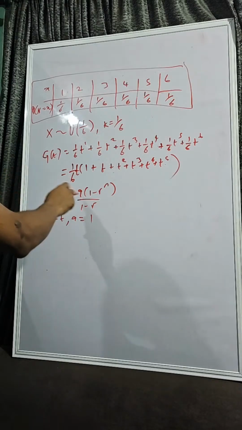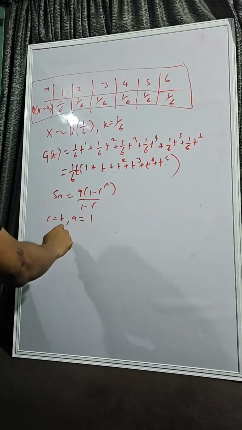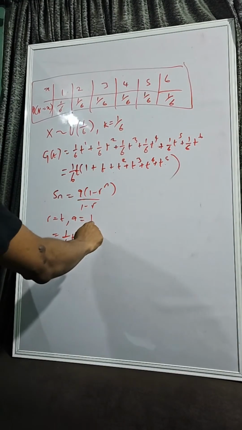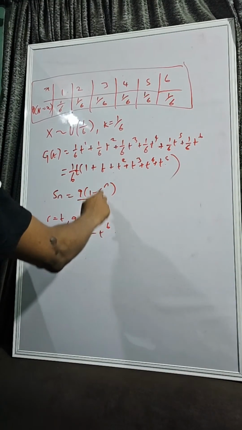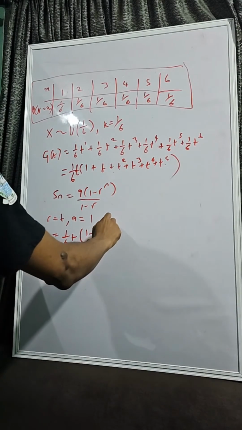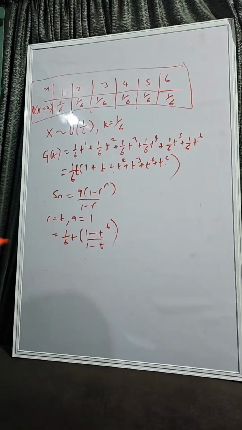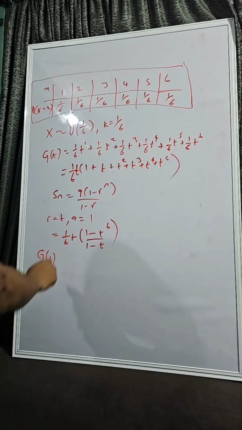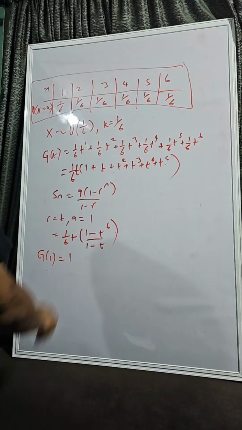So if we are to rewrite this equation, since our first term is 1/6 T and our R is T, we have 1 minus T raised by 6, because our N is 6, over 1 minus T. But just to make sure what we solved is correct, don't forget there's a way we can check. How do we check? From what I taught you some minutes ago, we check with G of 1, which must always equal 1.